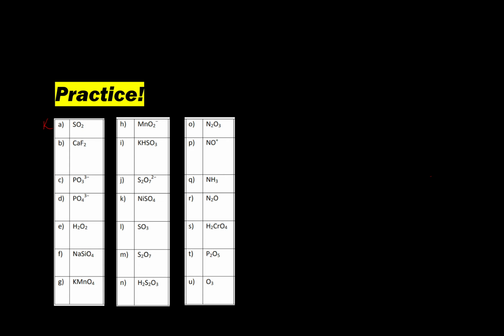So in the interest of time, let's move on to C. The person who got C, go ahead. PO3 3 negative. Go ahead.